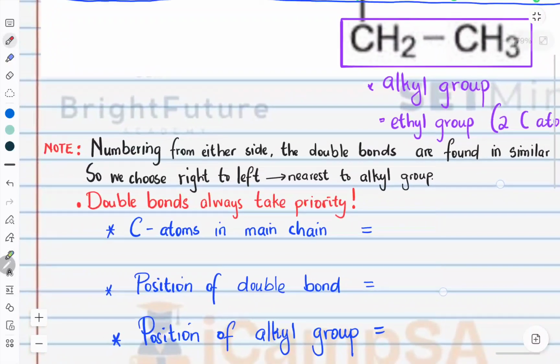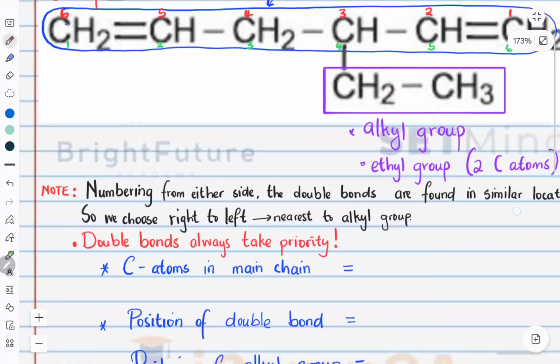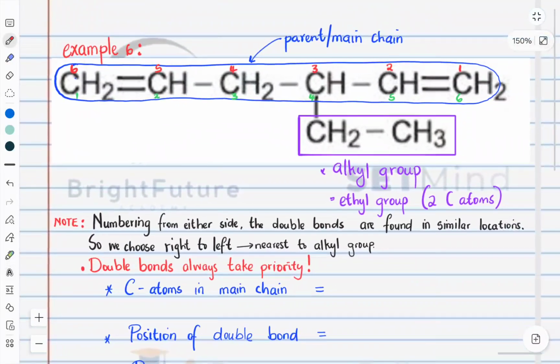Right, so just like I said, numbering from either side, we see that the double bonds are found in similar locations, so it doesn't make a difference. So we choose to number from right to left, as this makes the alkyl group be at the nearest location compared to numbering from left to right.